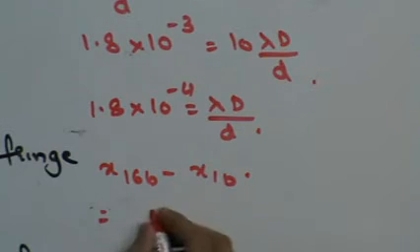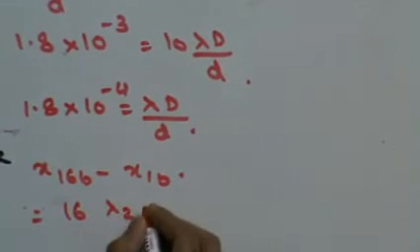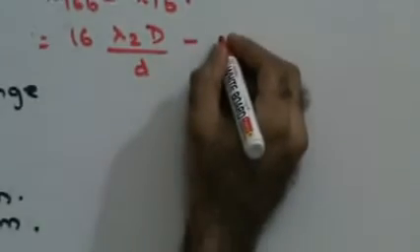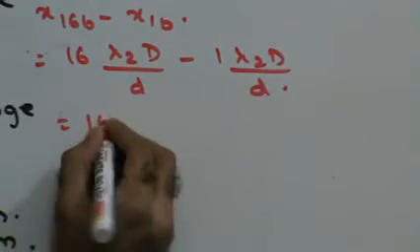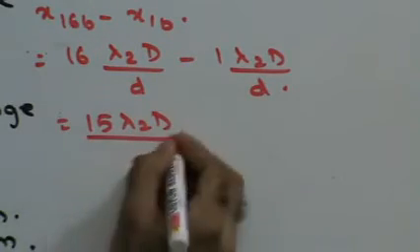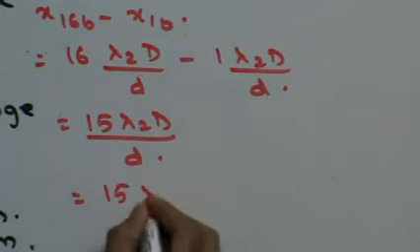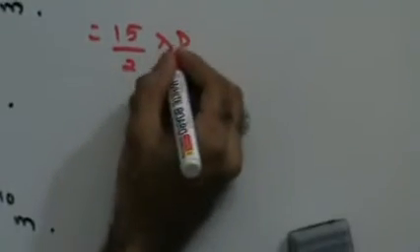Okay, so in this case this is going to be 16 lambda 2 d by d minus 1 lambda 2 d by d. So that is 15 lambda 2 d by d, right? But lambda 2 is nothing but lambda divided by 2. So this is 15 upon 2 lambda d by d.